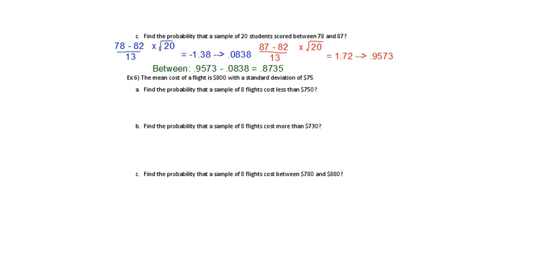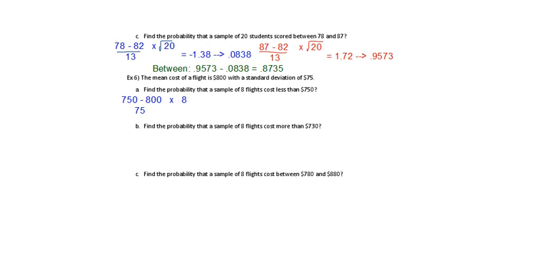Let's do one more. Mean cost of a flight is 800, standard deviation is 75. Find the probability that a sample of 8 costs less than 750. All right, let's do the same thing. So we are going to do 750 minus 800 divided by 75 and then times the square root of 8.